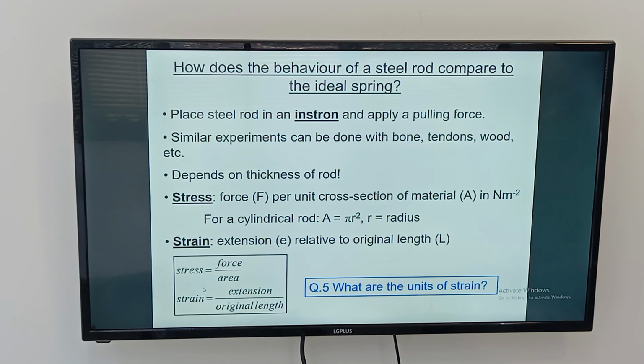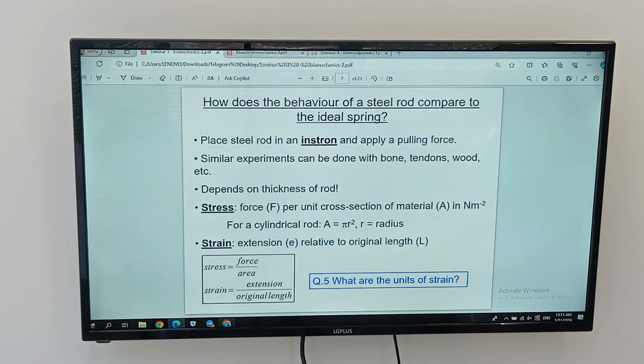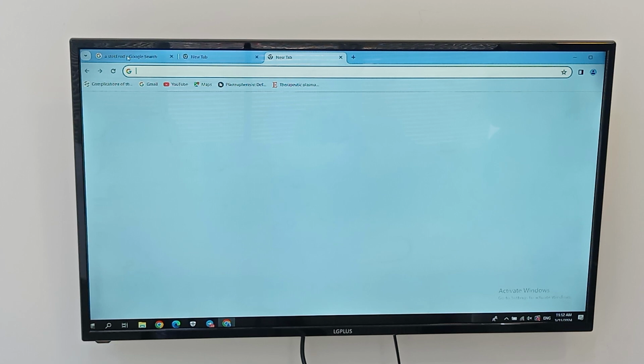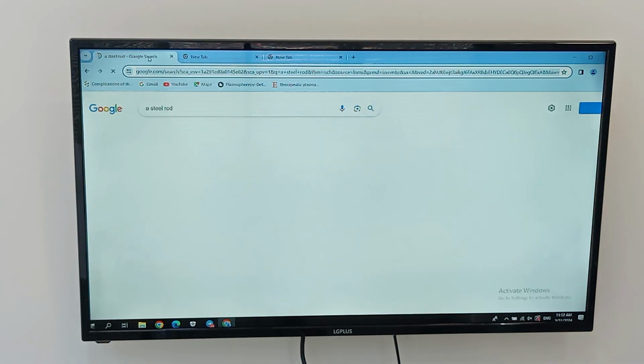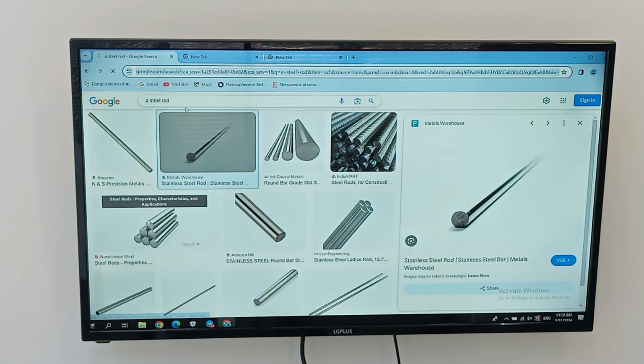How does the behavior of a steel rod compare to the ideal spring? If you look at this picture, this is what a steel rod looks like.